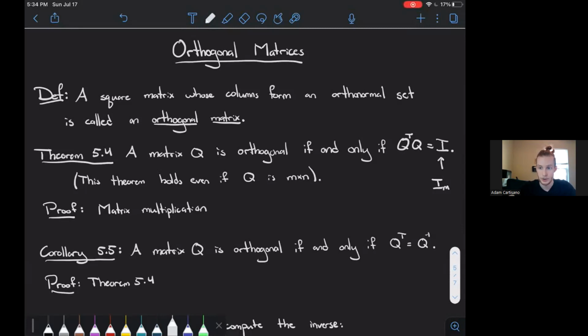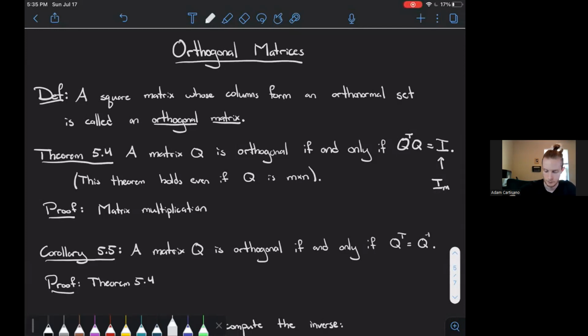In other words, the only time that you're going to get a non-zero number by taking that dot product is if you're taking row I of Q transpose with column I of Q, which is a dot product of a vector with itself, but it's a dot product of a unit vector with itself. So the answer is 1. And so you're left with 1s on the diagonal and 0s everywhere else in your product matrix. And that is, by definition, the identity.